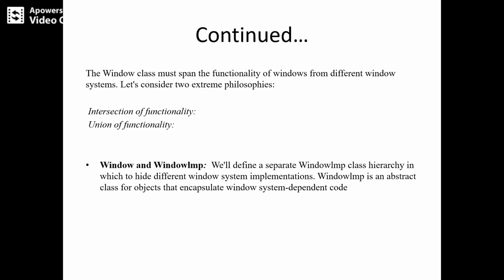Also, we would have to change Lexi, which depends on it, anytime a vendor revises its window system interface. So neither extreme is a viable solution. Our design will fall somewhere between the two.